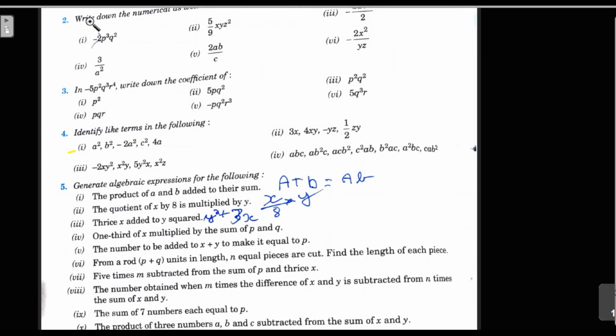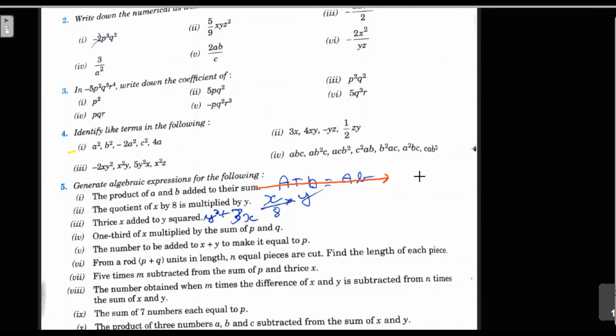Yes, generate algebraic expressions for the following. Let me make it bigger. The product of A and B added to their sum. So I am going to solve it here.